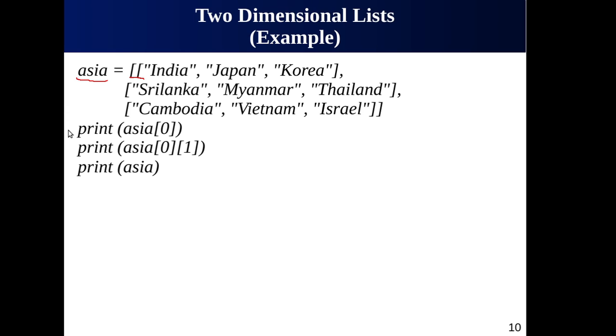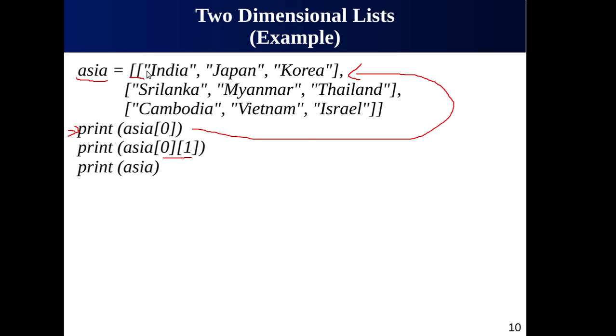Now, let us see what each of these statements will do. Print Asia 0 will display the first sublist of this two-dimensional list, that is India, Japan, and Korea. The second will display a specific value. Go to row number 0 and column number 1.